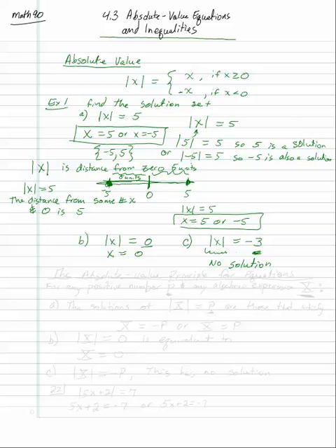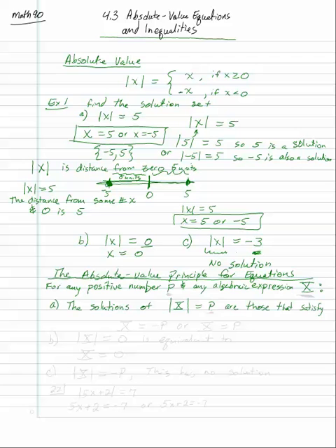Okay, and we make a rule for that. So let me write that down. From A above, we know that if the absolute value of x is equal to some number, you're going to get two solutions. So here, we're saying for any positive number p, and then we're going to change just x to any algebraic expression. It could be more complicated than just x.